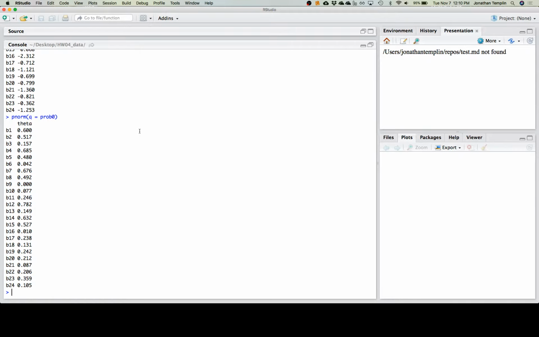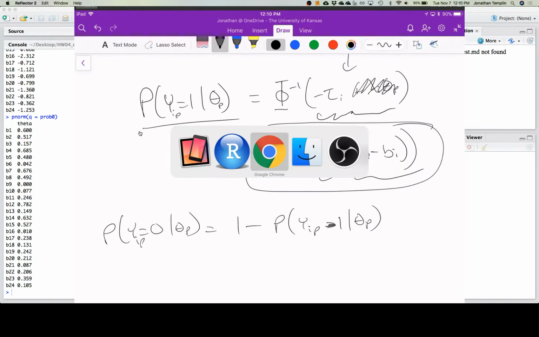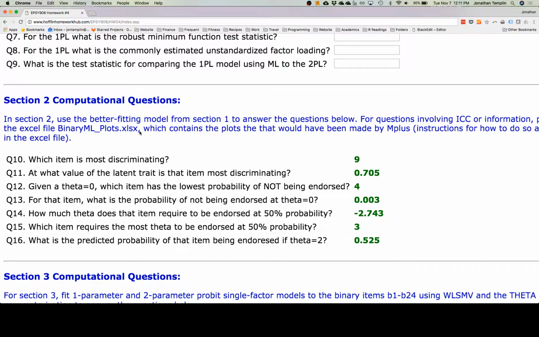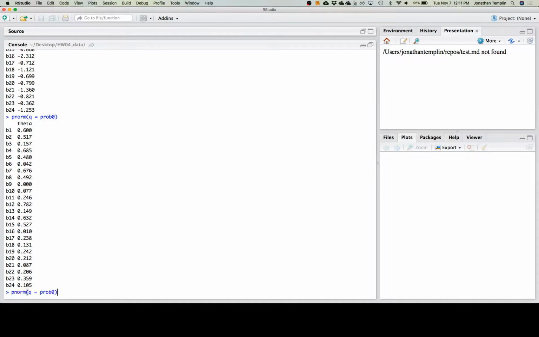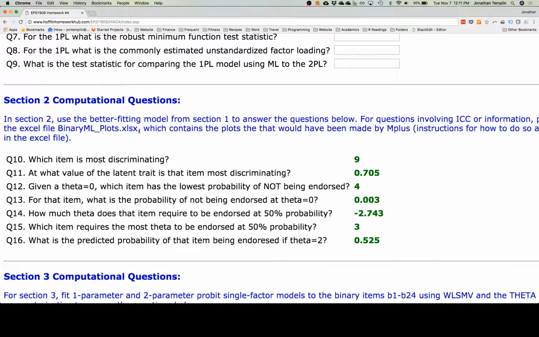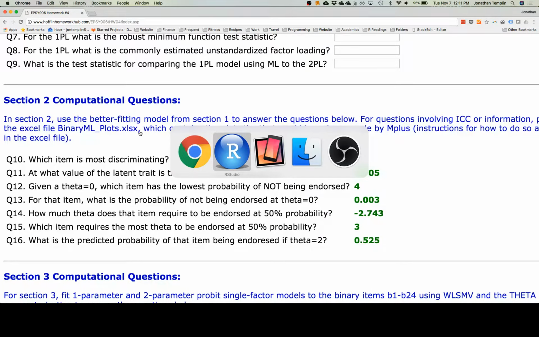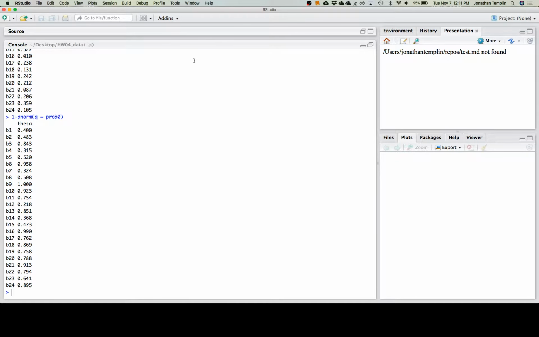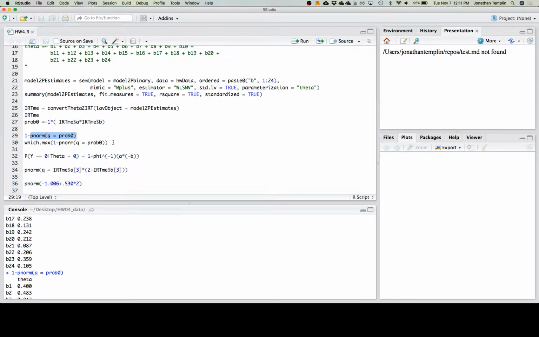If we wanted to figure out which one gives us the lowest probability of not being endorsed, we would need 1 minus this to give us the probability of a 0. I can be lazy and use some code in R. There's a function called which.max, and it tells us it's item 9.